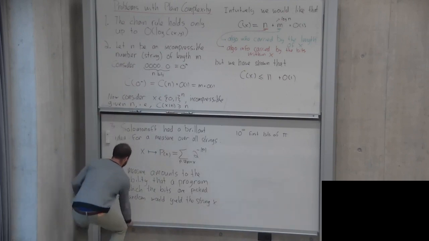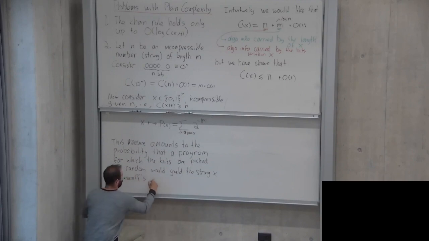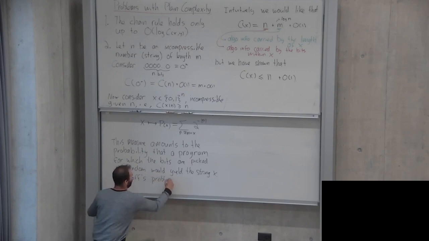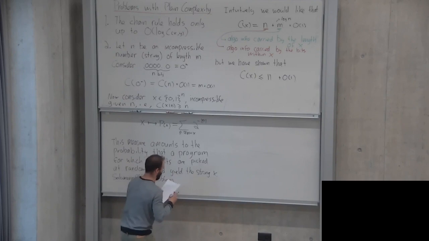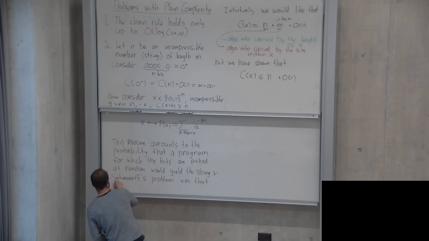Solomonoff's problem was that the measure does not converge.